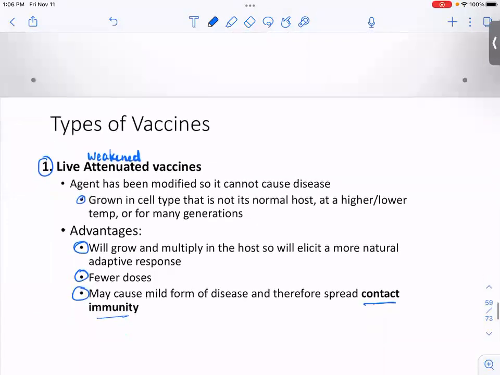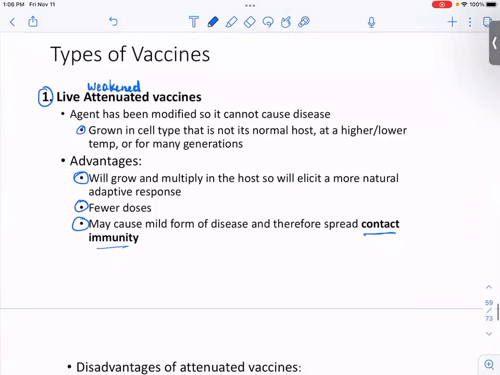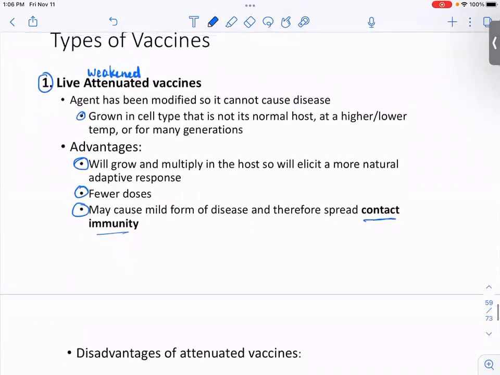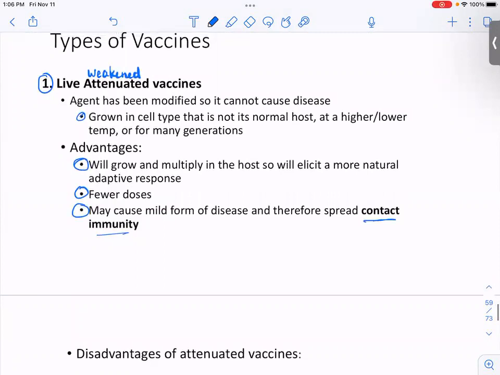Good. So picking up where we left off last time, we just began our discussion of vaccines, and we were talking about attenuated vaccines. In general, attenuated vaccines give us the best protection. They give a more natural immune response.